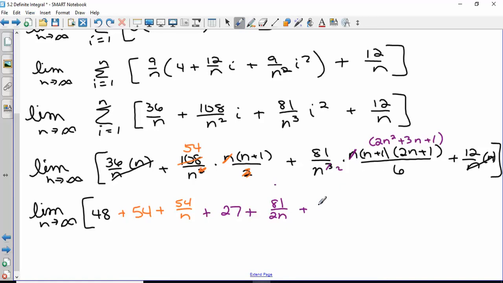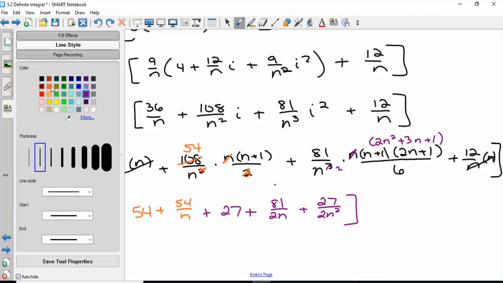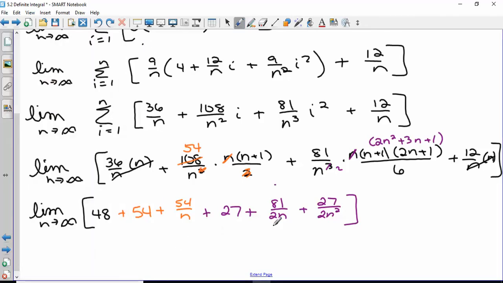And 81 over 6n squared, or you can change that to a 27 over 2n squared. Now if n goes to infinity, everything with an n on the bottom disappears, so we get 48 plus 54 plus 27, which is 129.